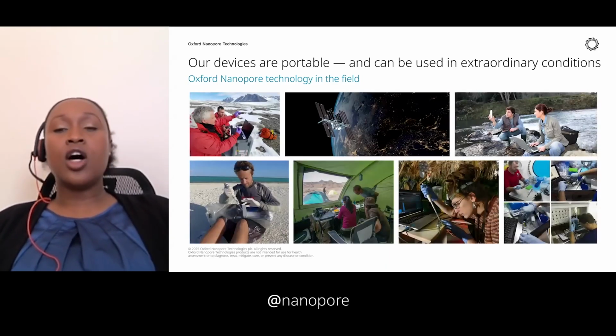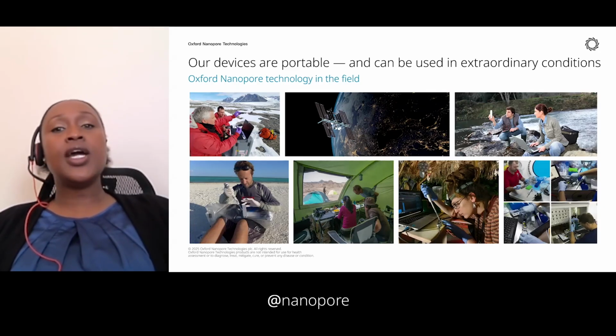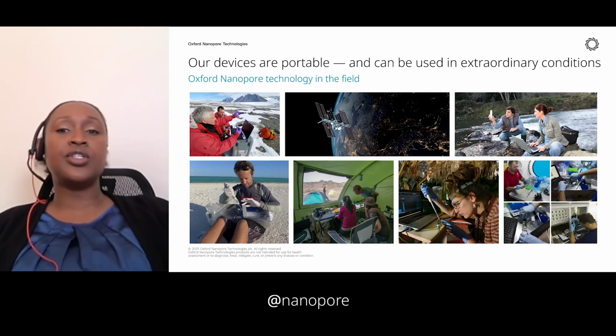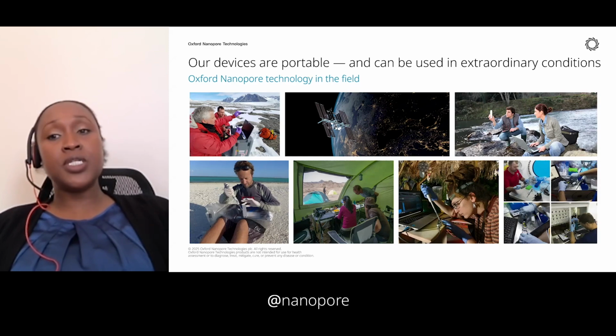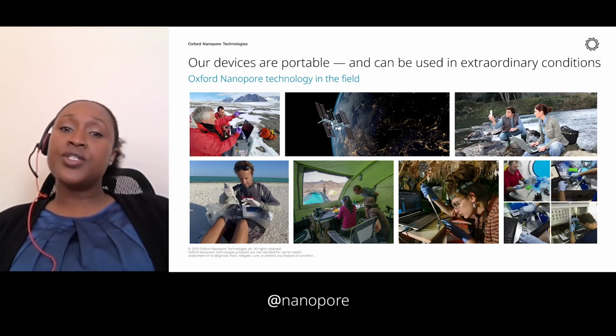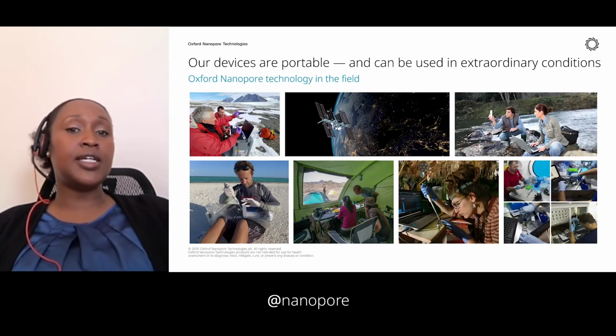Our goal at Oxford Nanopore is to enable the analysis of anything by anyone, anywhere. Not only are our devices scalable, but we have also demonstrated their portability across diverse and even extreme locations around the globe, from deep-sea oceans to rainforests and even in space. Researchers are using Oxford Nanopore sequencing to sequence in low-resource settings with limited access to lab equipment, as our devices can be set up wherever and whenever they're needed.